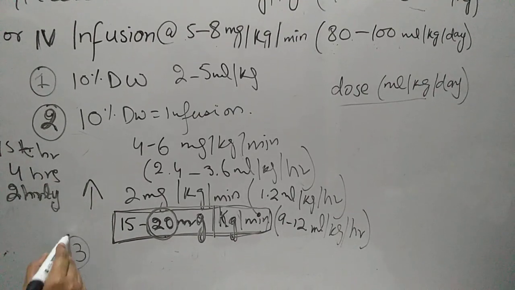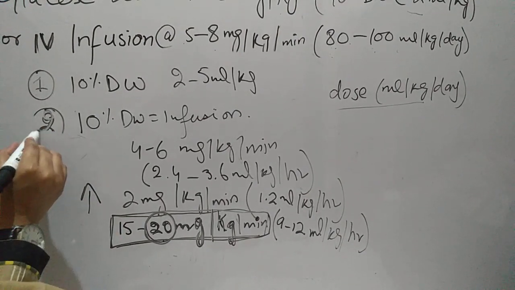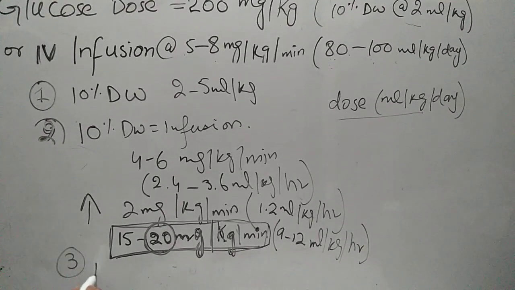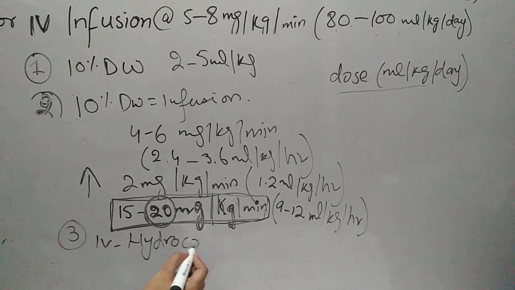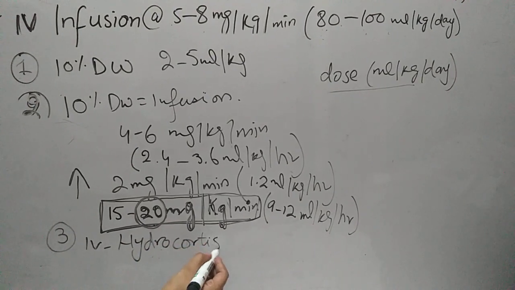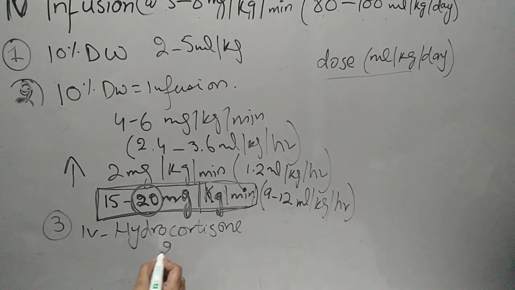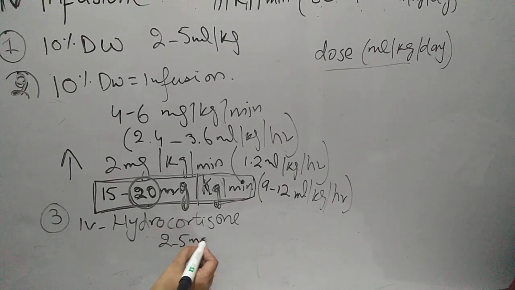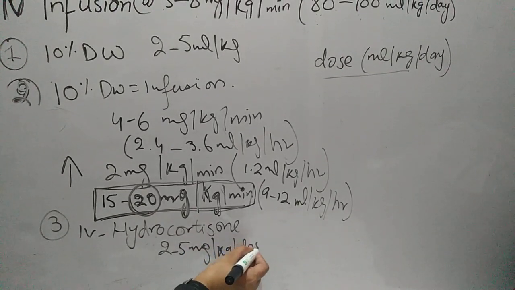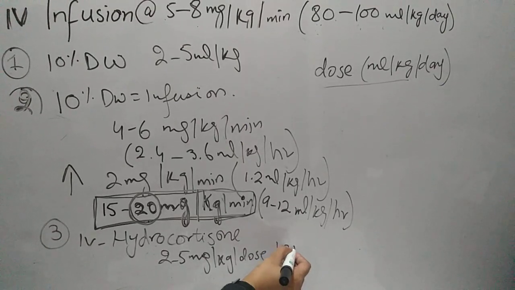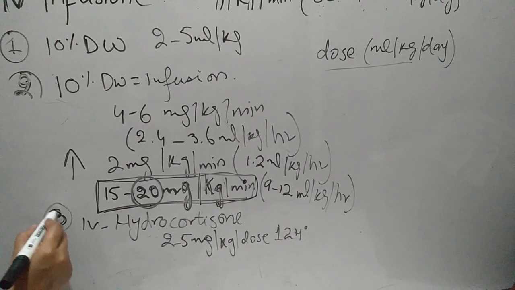The third option is you will start IV hydrocortisone at the dose of 2 to 5 mg per kg per dose, 12 hourly. Okay, this is your third option.